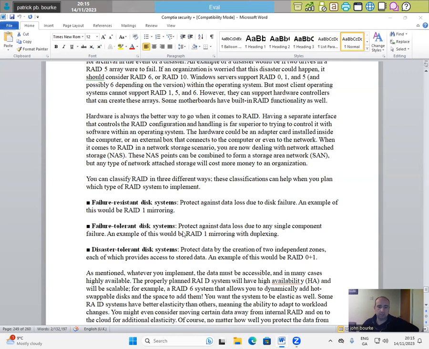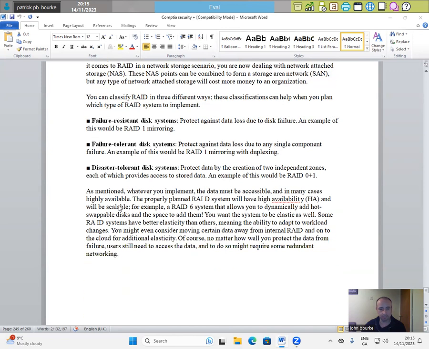Fault-tolerant disk systems protect against data loss due to any single component failure. An example of this would be RAID 1 mirroring and duplexing. Disaster-tolerant disk systems protect data by the creation of two independent zones, each of which provides access to stored data. An example of this would be RAID 0+1.